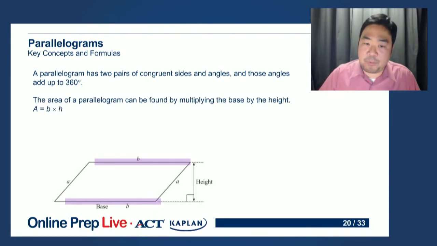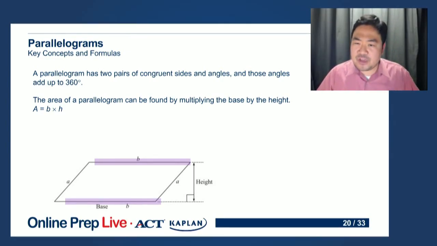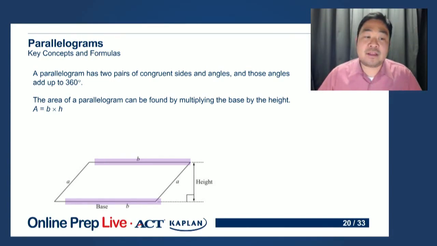Now, the other important thing to remember about a parallelogram, and this is really important, is if you're looking for the area of the parallelogram, I can't tell you how many students that I've worked with that have said, yeah, multiply A times B, right? No, the area of a parallelogram is the base times the height. The height will always be the straight line distance from the top to the bottom.